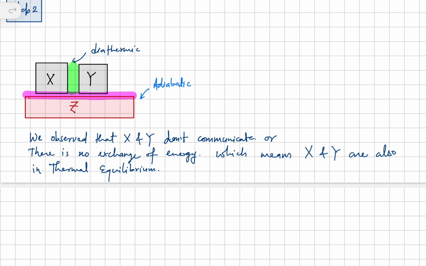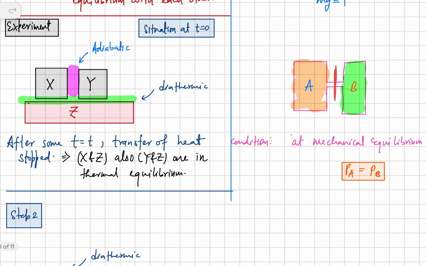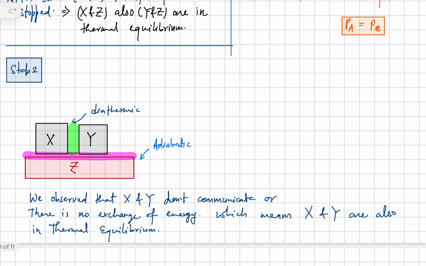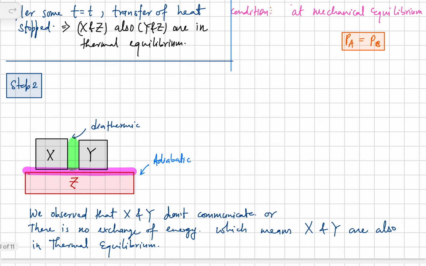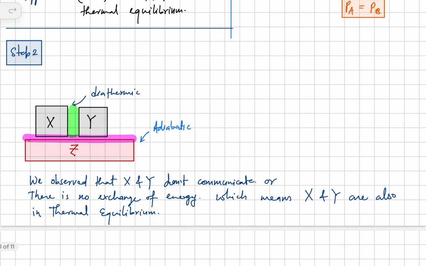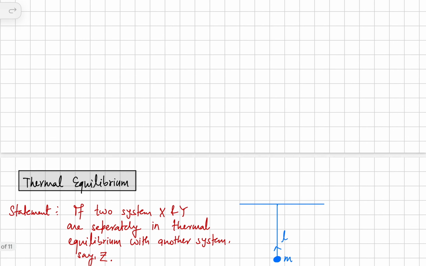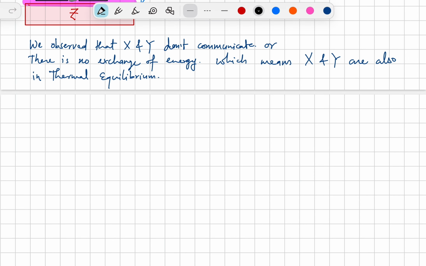So having these things, we have seen experimentally that thermal equilibrium is like this. And also we have deduced that there was a quantity, temperature, that was not changing. I think I have not written that part, so let me write it.